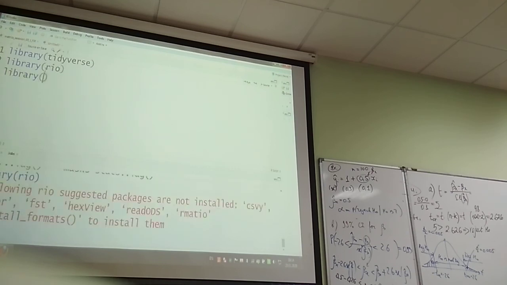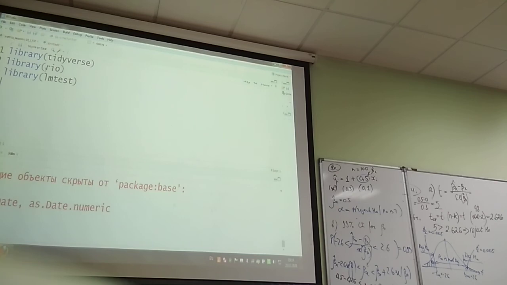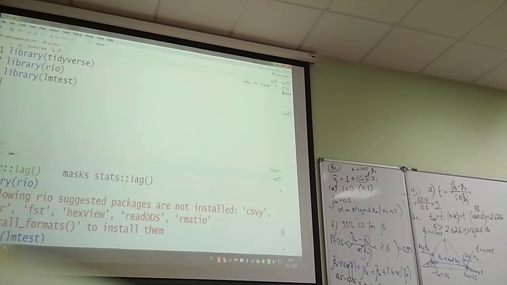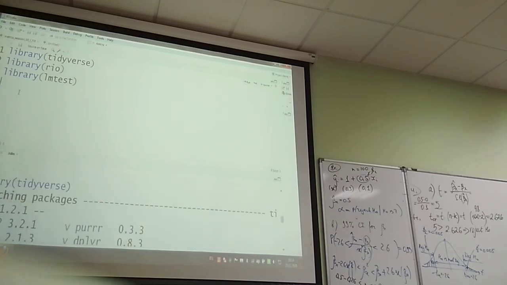Library test. I think that's all, and I will use some built-in data set.